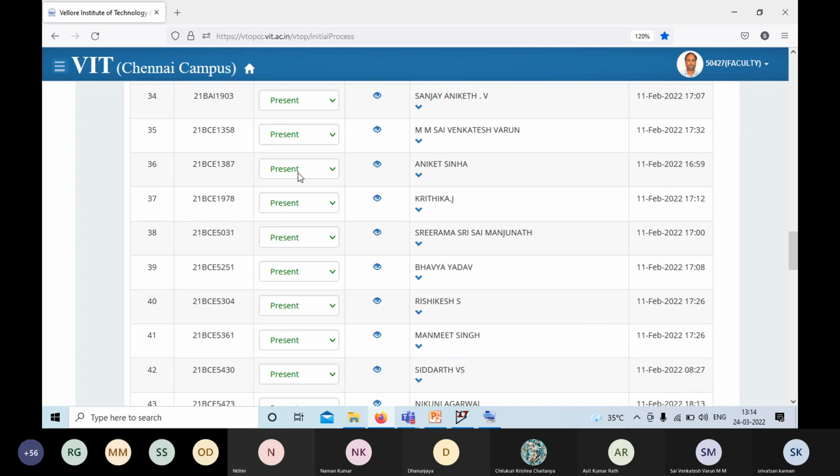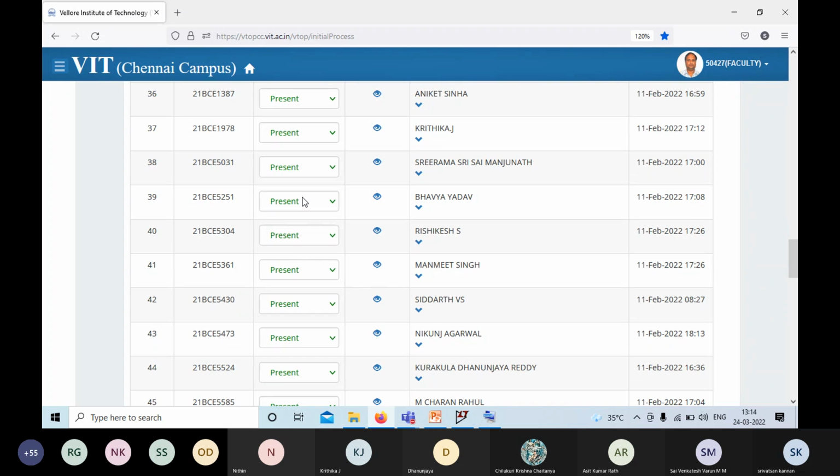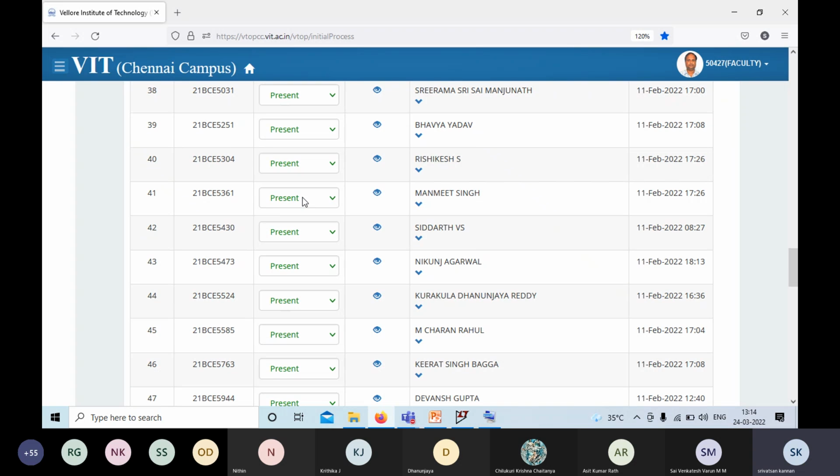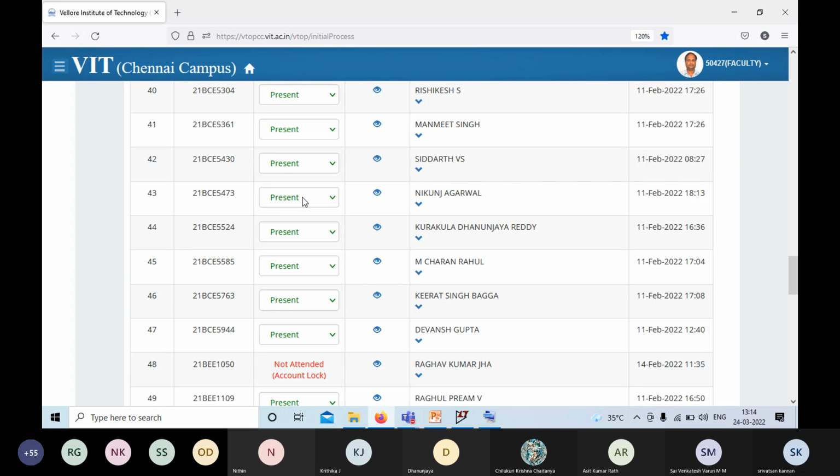Kritika, Present, sir. Sriram, Present, sir. Bhavya Yadav, Yes, sir. Rishikesh, Present, sir. Manmeet Singh, Present, sir. Siddharth, Present, sir. Nikunj Agarwal, Present, sir. Dhananjay Reddy.